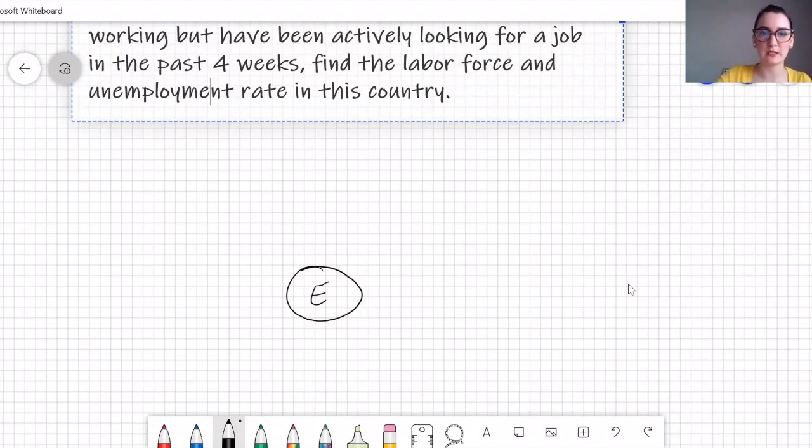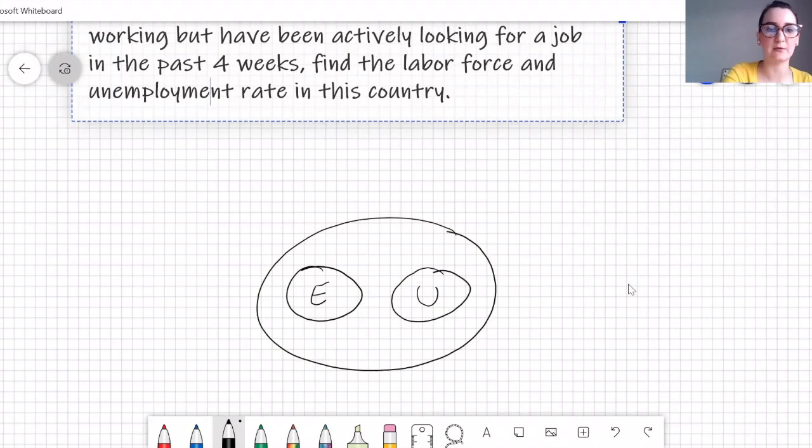So let this circle be employed citizens, and let this circle be unemployed. Unemployed people are people who don't have a job but have actively been looking for a job in the past 4 weeks. Those two combined together form the so-called labor force.